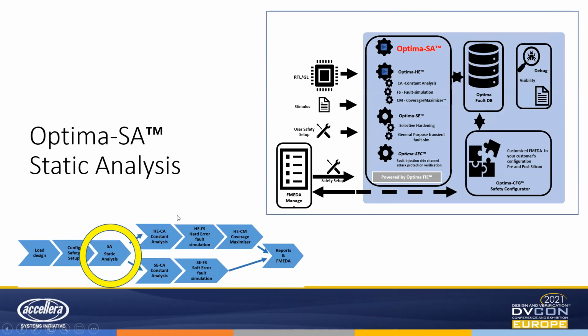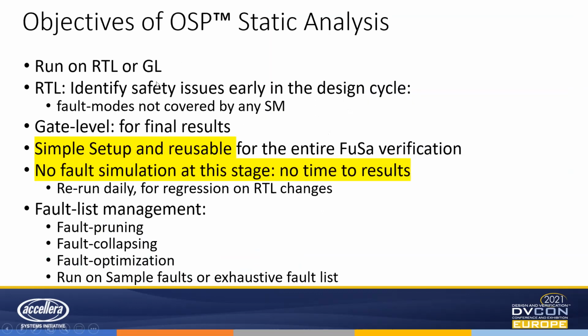And here we are going to talk about each engine separately in the Optima safety platform. This is one safety platform in which you can do all of these things in one go. So now we talk about static analysis in the next few slides. The objectives or requirements of static analysis are to run on RTL or gate level netlist.